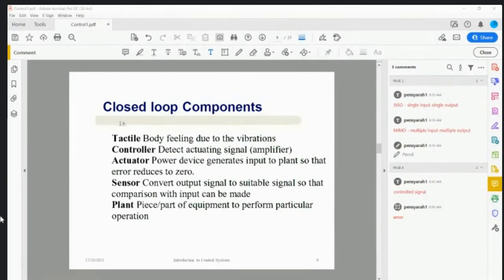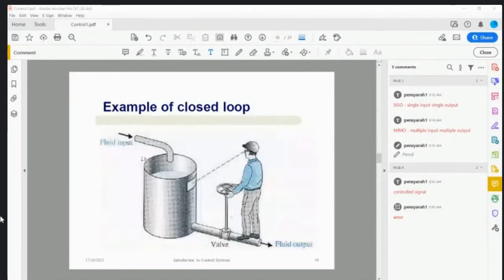So this is just the definition of the block diagram just now.